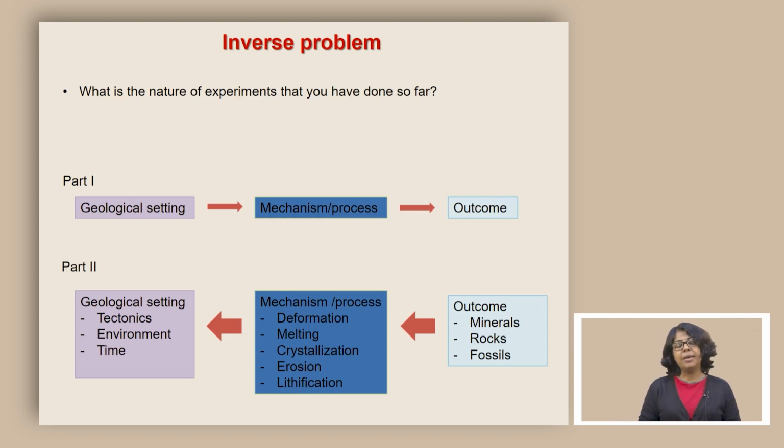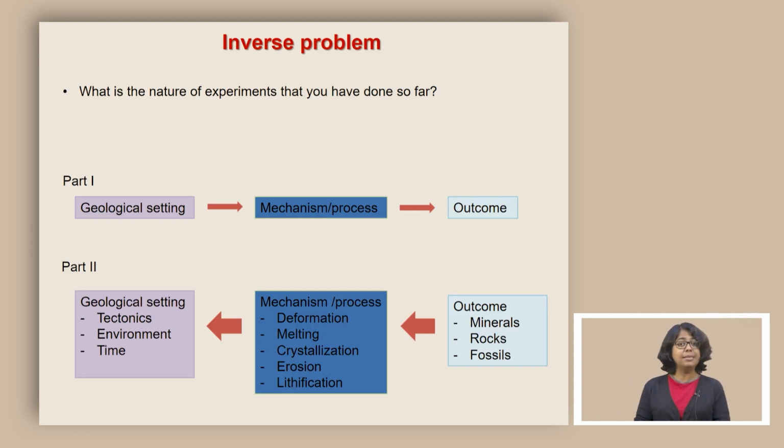Now, the thing is, it is not really possible to recreate the same phenomena and change the initial condition to see the final outcome, because that natural experiment has already been performed.